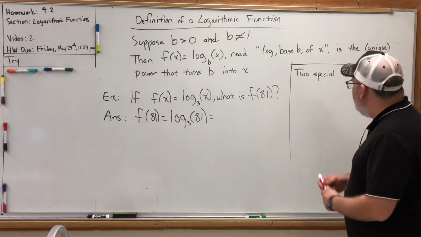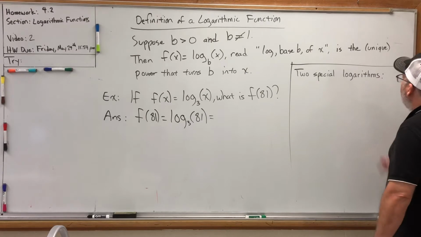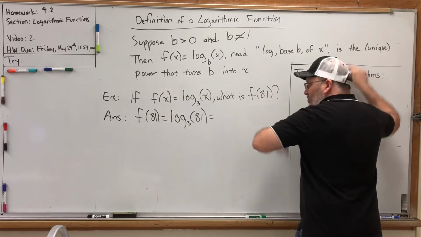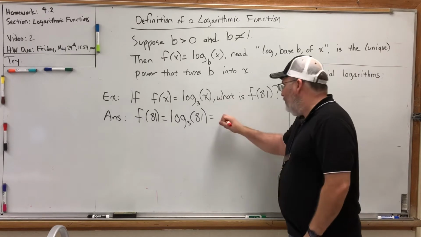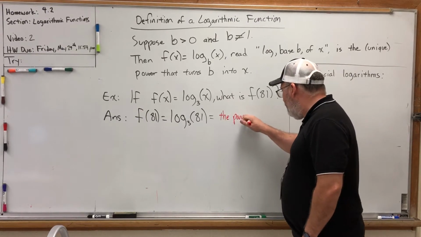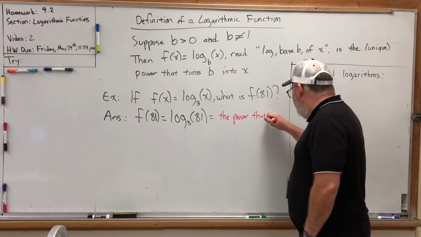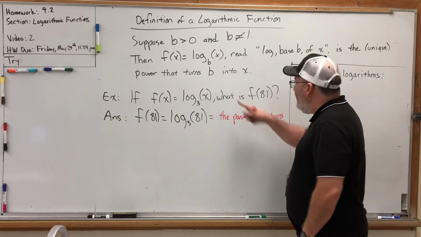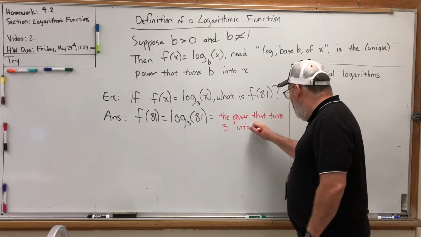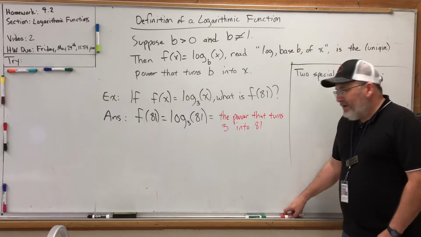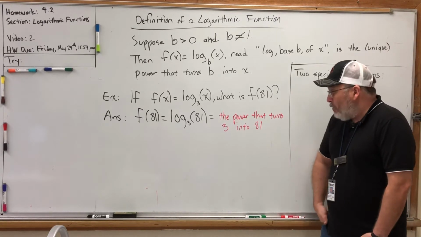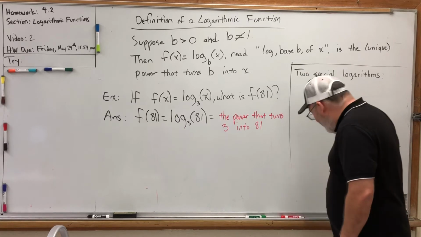It is asking you for the power that turns the base into x. In this case, x is 81. So whatever this is, it's the power that turns the base, which is 3, into 81. So I may not know what the answer is yet, but I know what the answer does. As a power, if I put it on 3, it'll turn it into 81.